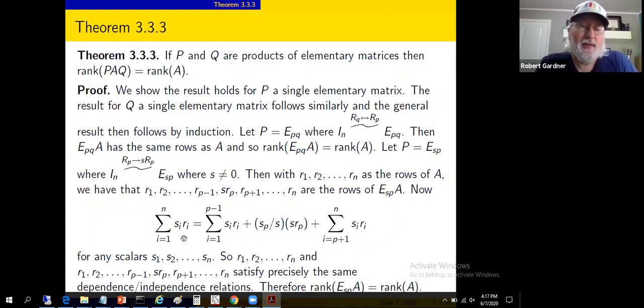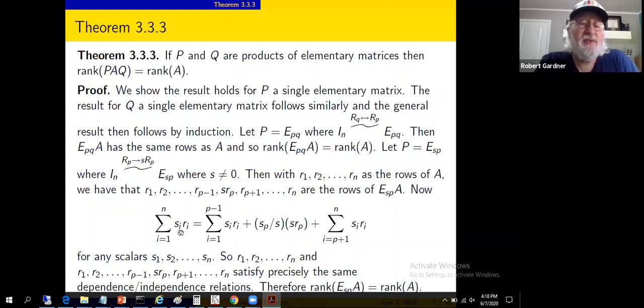But I want to look at this as a linear combination of the rows of matrix A, and this is a linear combination of the rows of E sub sp times A. Well, the only time all these s sub i's are going to be 0 is when all these coefficients are 0. Of course, these are the same. Then we'd need s sub p to be 0, so s sub p over s would be 0.